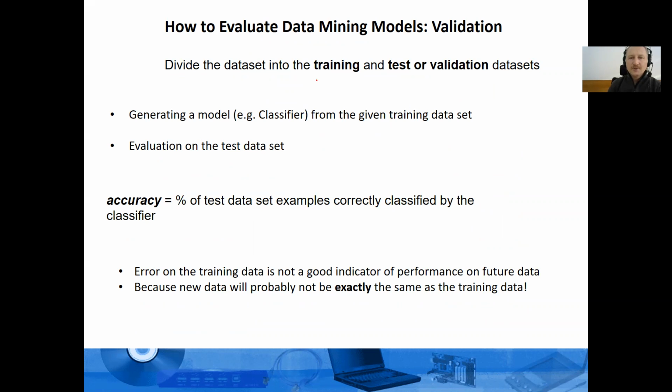When you want to evaluate the accuracy of your model, you can divide your data into training, test, or validation data sets. You will use the training data set to generate your model. Then, to evaluate the accuracy of your model, you will use the test data set.